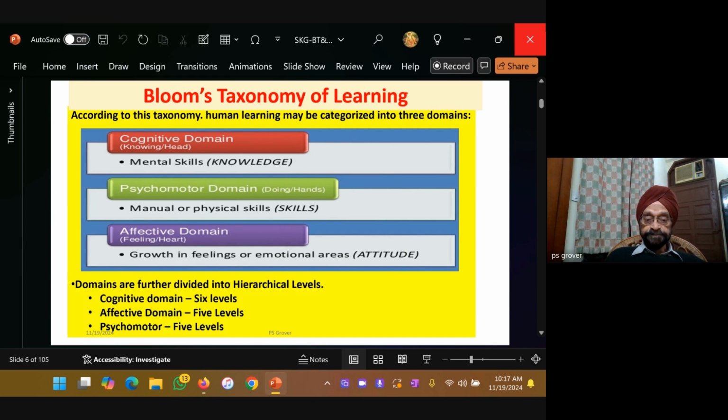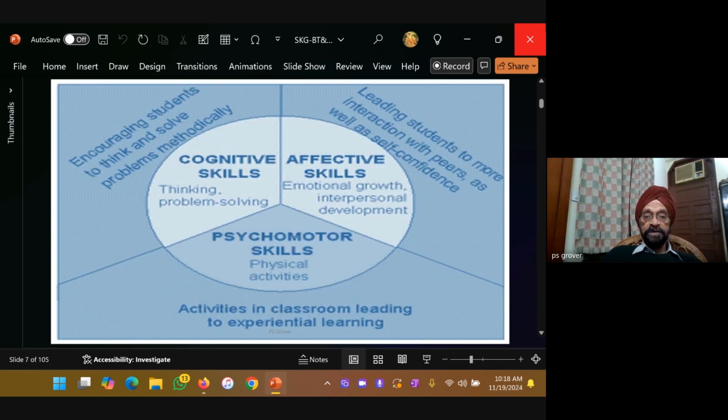These domains are further divided into hierarchical levels: the cognitive domain is divided into six levels, the affective domain into five levels, and the psychomotor domain also into five levels. Kindly appreciate this, and things will become simple. So cognitive skills mean thinking, problem solving ability. It brings students to think and solve problems methodologically.